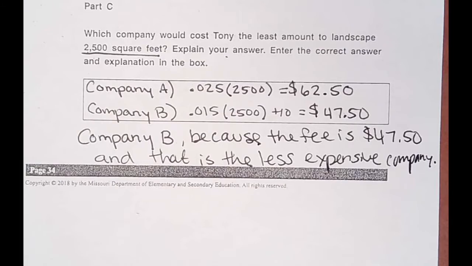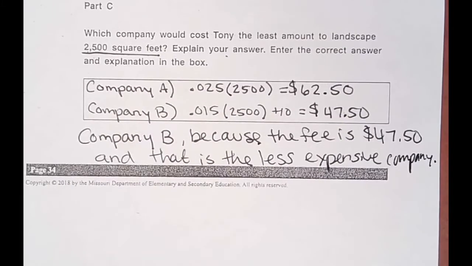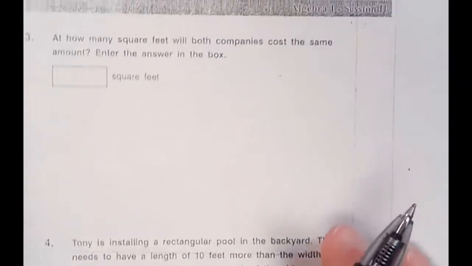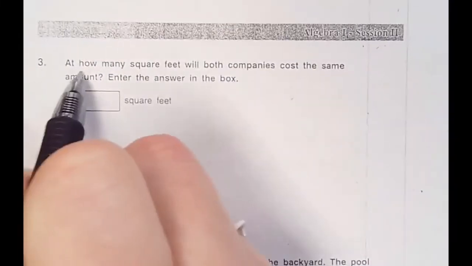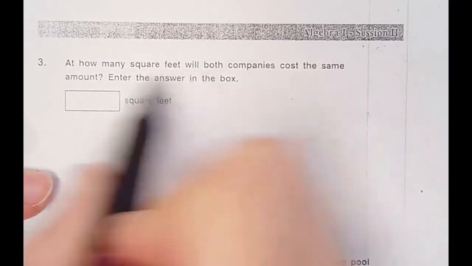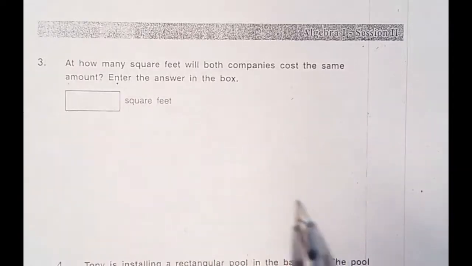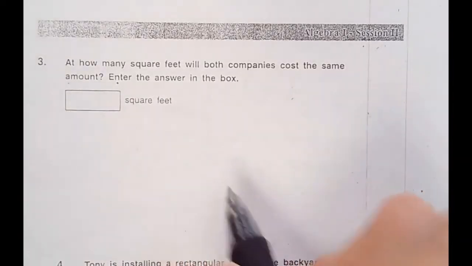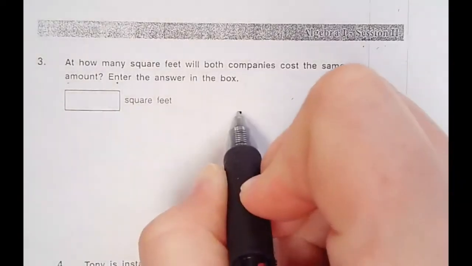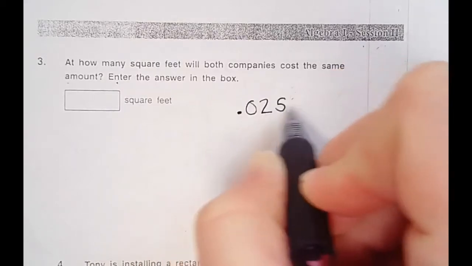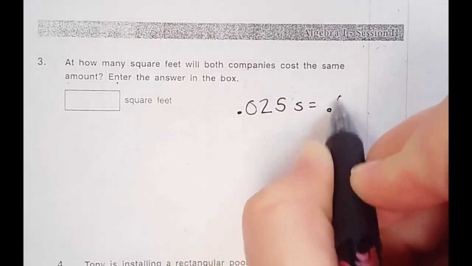Number 3 says, at how many square feet will both companies cost the same amount? So if I want to see when they are equal, I'm going to set their equations equal to each other. So 0.025s equals 0.015s plus 10. So this is just a two-step equation.